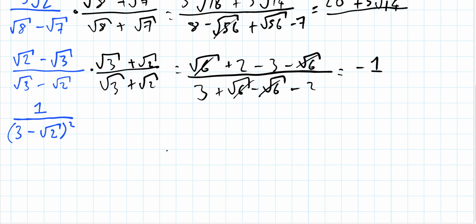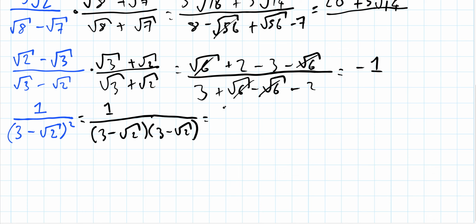The final answer. And over here, what we do first is I'm going to expand the bracket first. So 1 over 3 minus square root 2 times 3 minus square root 2, that will equate to 1 over 9 minus 3 square root 2 minus 3 square root 2 plus 2.